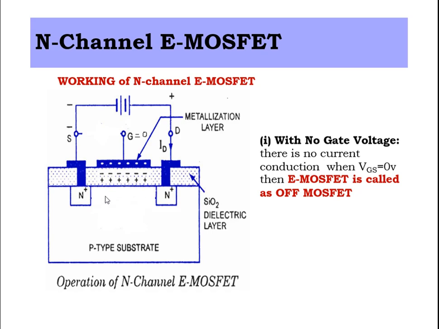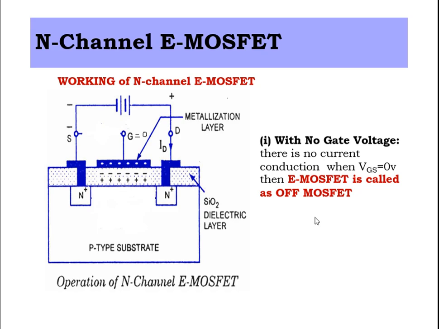Because the channel is not at all present between source and drain, no current can flow from source to drain. Hence the eMOSFET is called an off MOSFET. In general we say that the eMOSFET, that is the enhancement type of MOSFET, is normally an open switch.